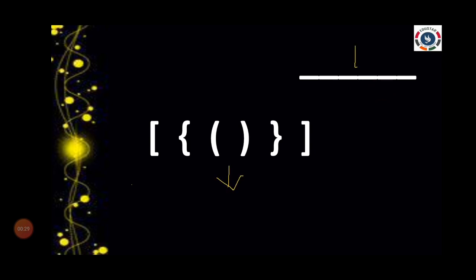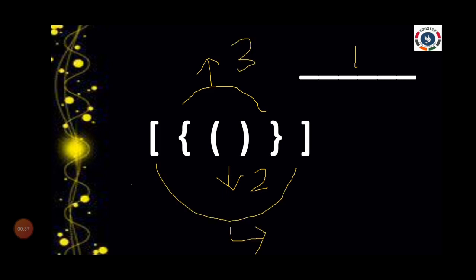First preference is given to the line brackets or vinculum. The second preference is given to the round bracket, the third preference to curly brackets, and the fourth preference to the big or square bracket.